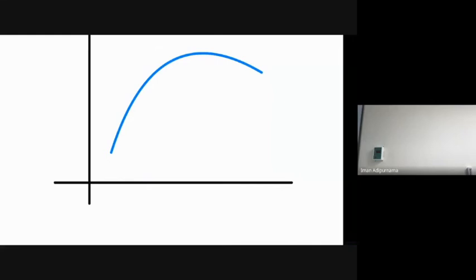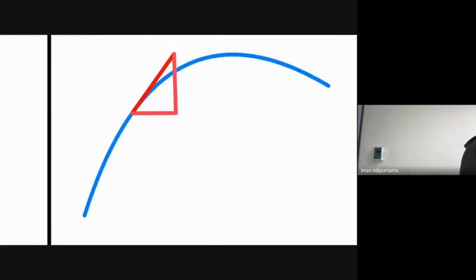Now focus on this blue line, the curve. Let's say we have a tangent line. Let's see if this is helpful for you. Imagine you have a tangent line here.